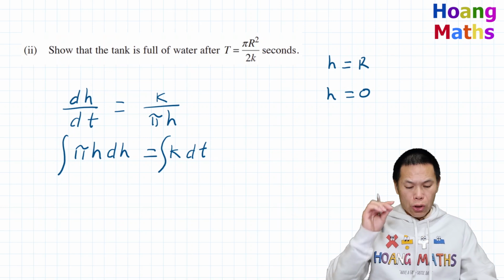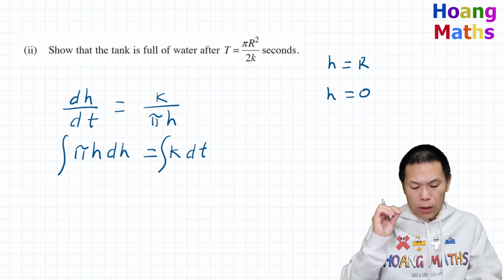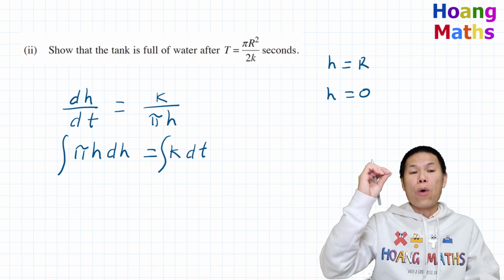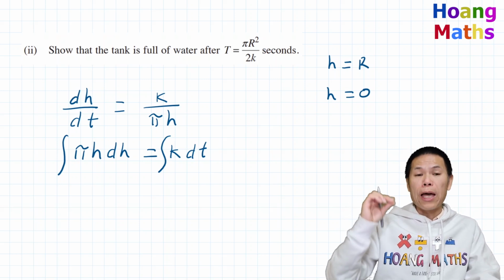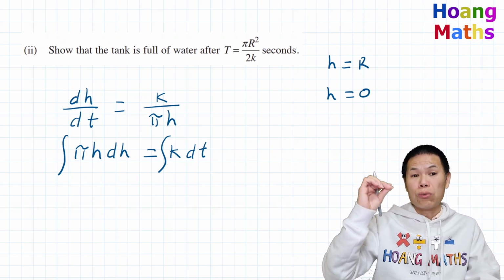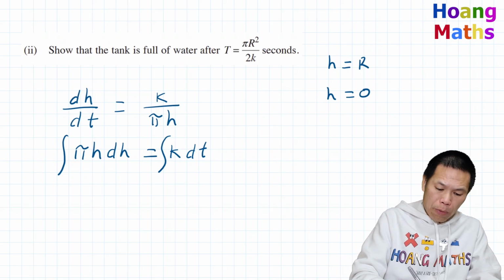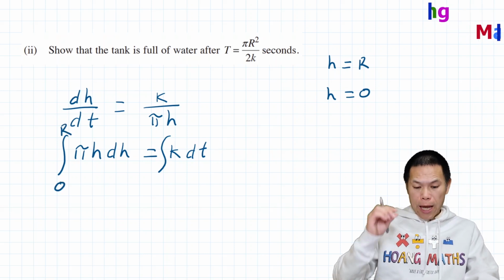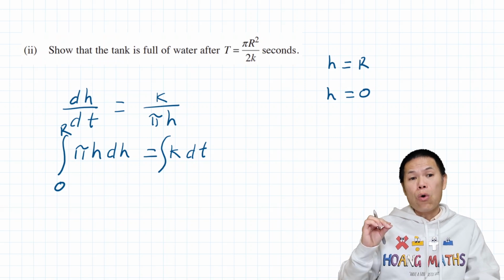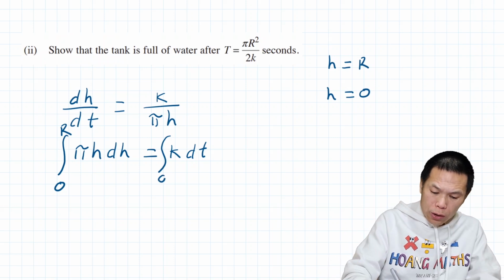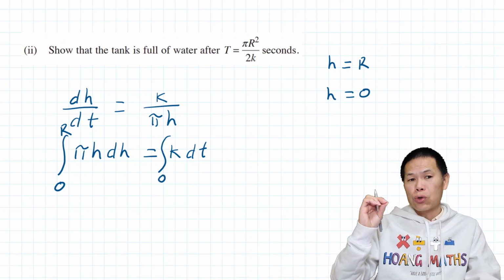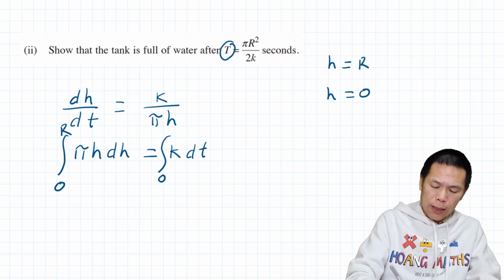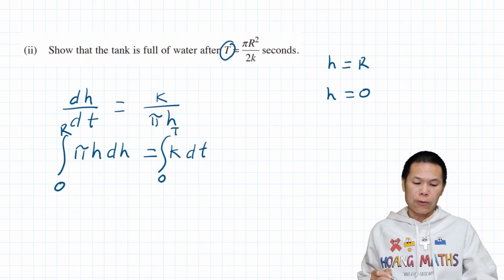This means that we need h from 0 all the way to the top, so from 0 to capital R. And for t, we start at 0 all the way to, at a certain time, we're not sure, so this is the time at capital T. So from here to here.